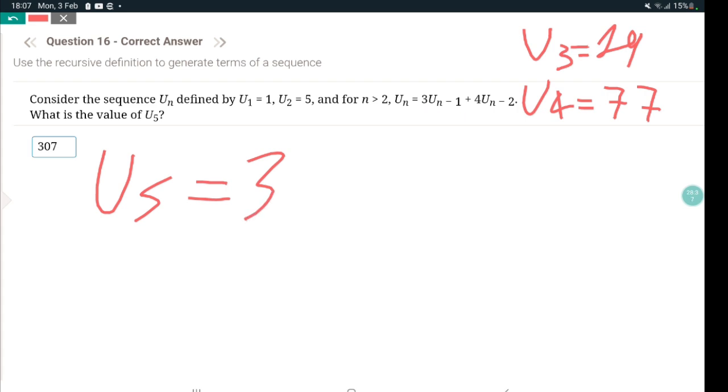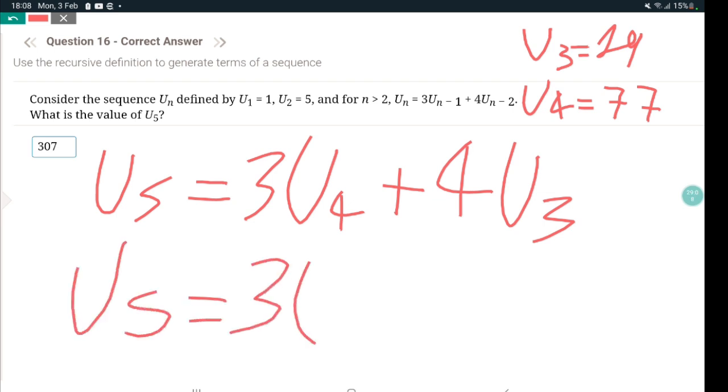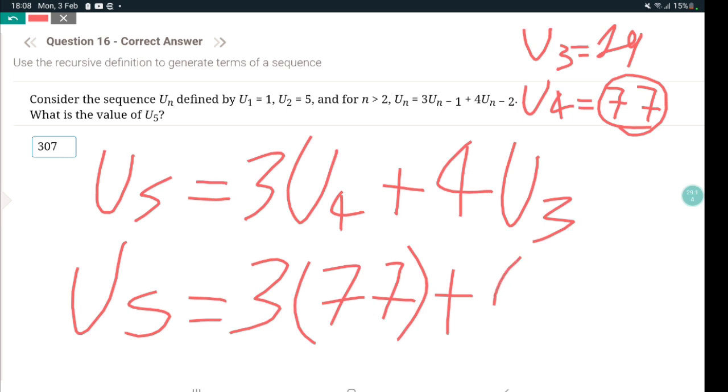I forgot to mention, for all of these we're using the same rule: 3 un minus 1, which is u4, plus 4 un minus 2, which is u3. So u5 is equal to 3 times u4, which is 77, plus 4 times u3, which is 19.